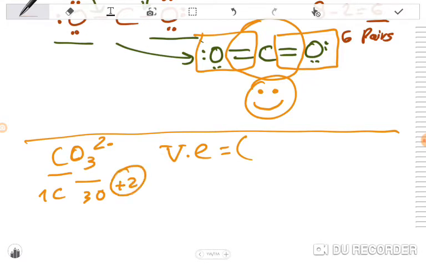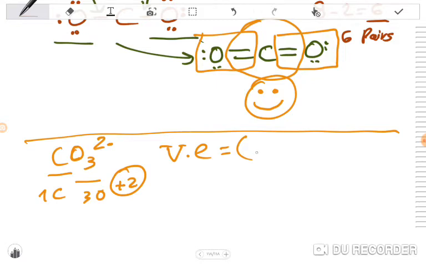When we have a negative charge, we add two valence electrons. When we have a positive charge, we subtract. Okay?